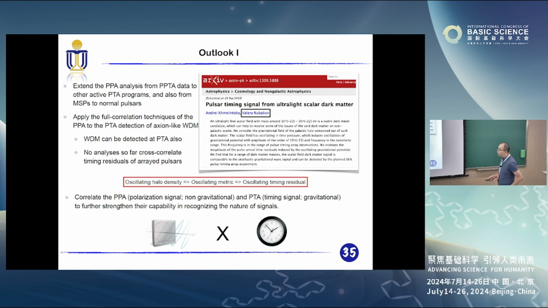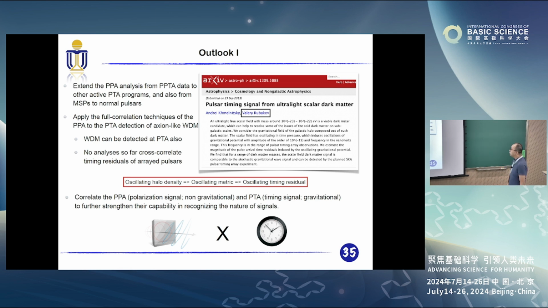However, for all of these analyses, the cross correlation hasn't been taken into account. This means that some important information from the data has been missed.